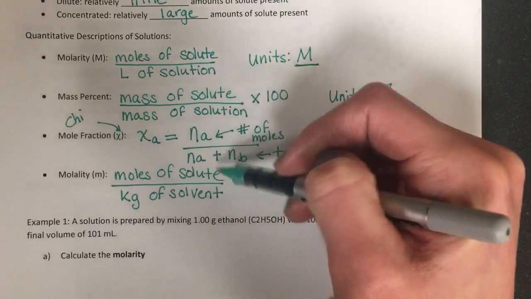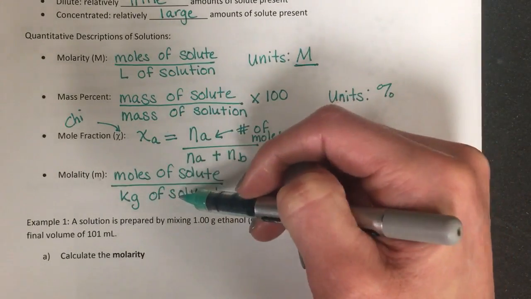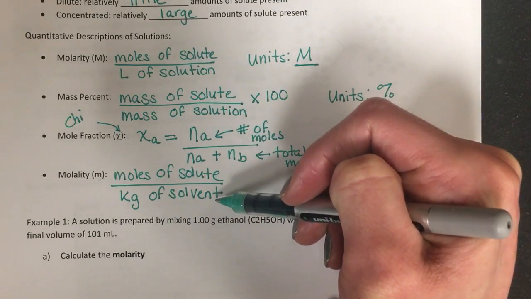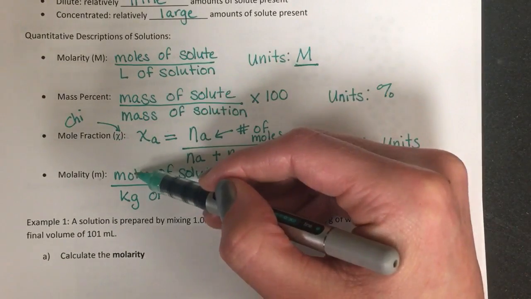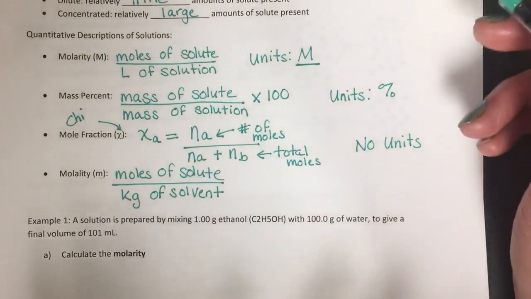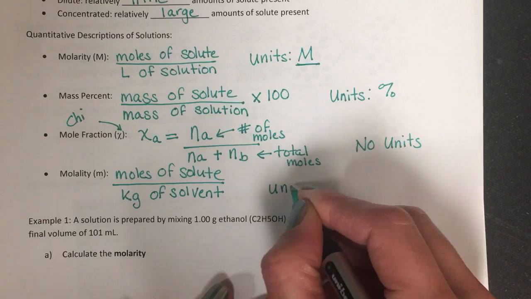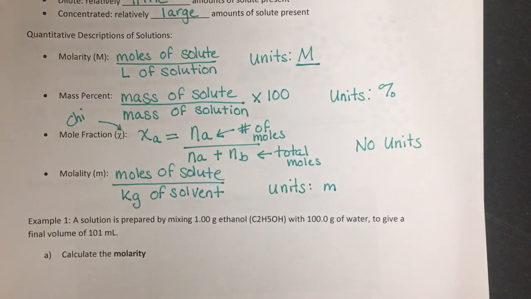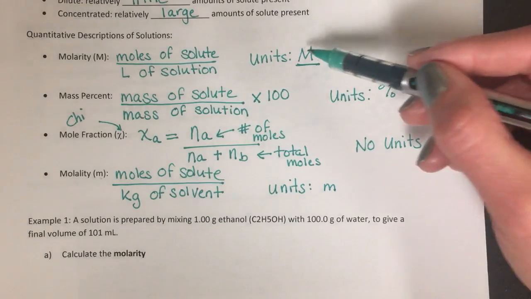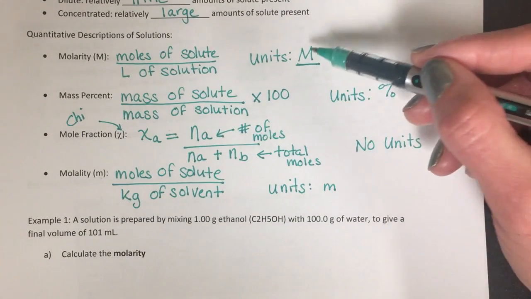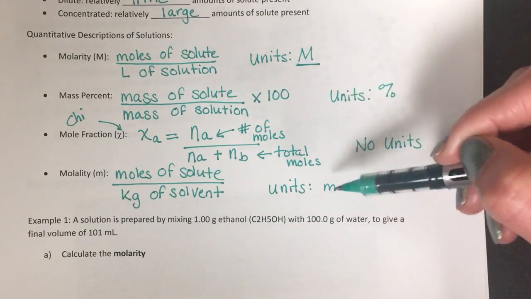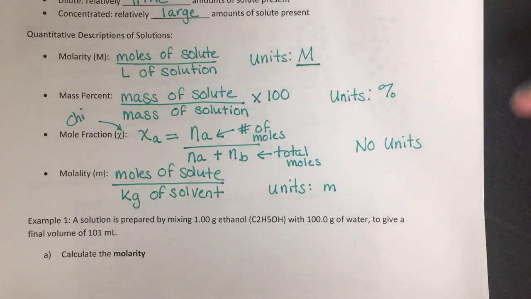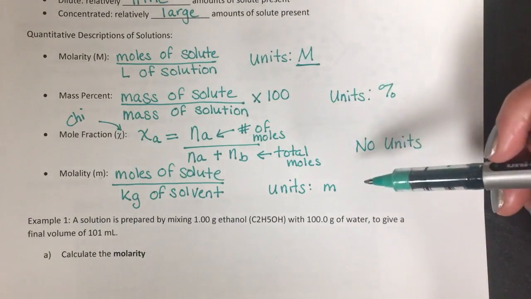Molality, moles of solute per kilogram of solvent. Now, instead of writing moles per kilogram, when you do units, you'll usually see the lowercase m, and that's why I underline my big M, so that I know whether I'm talking about molarity or molality, because my M's look very similar if I don't distinguish, but they're very different.